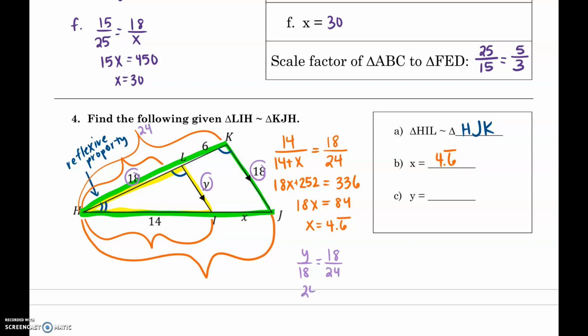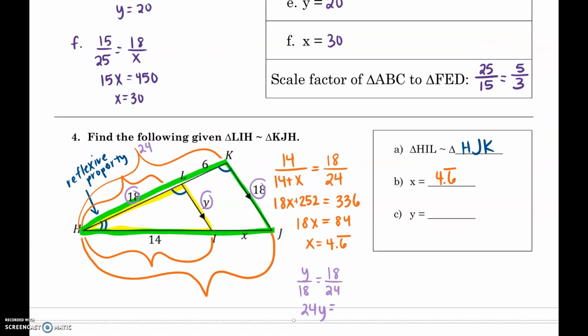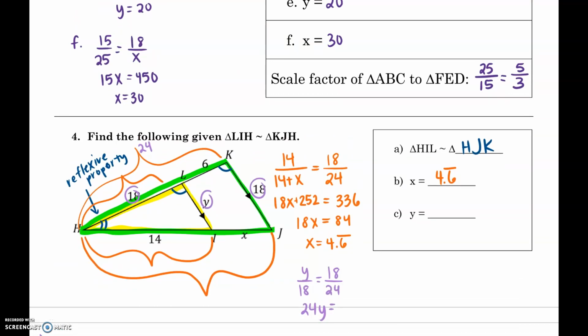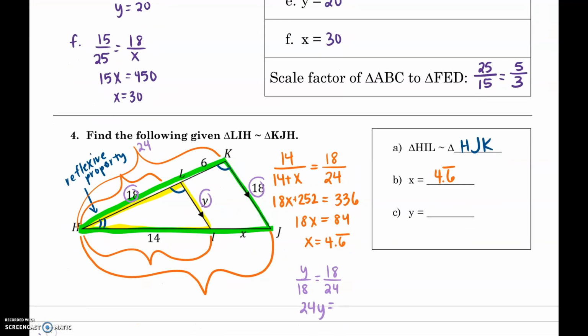Here I cross multiply, 24y equals 324. And if I divide both sides by 24, I get y equals 13.5.